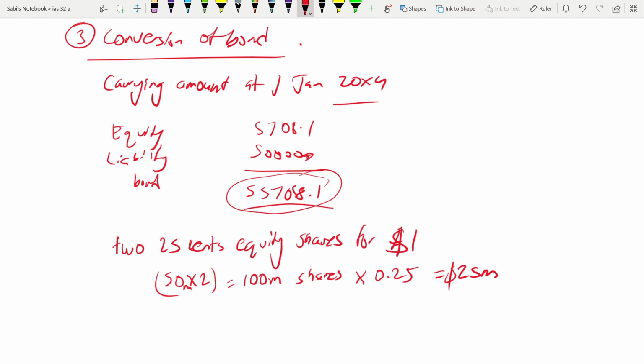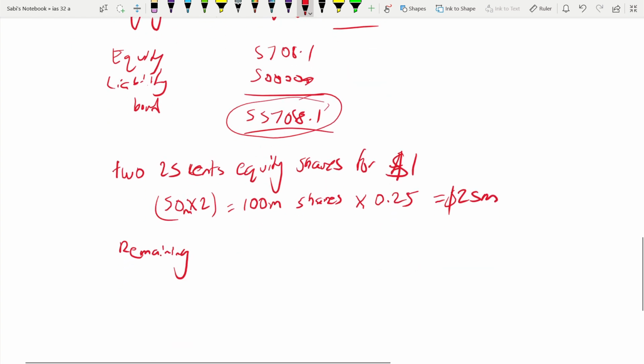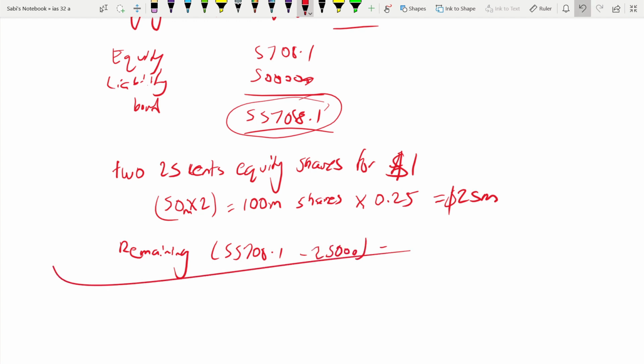So the remaining, I'll show you, 55,708.1 minus 25,000 will be how much? It will be 30,708.1. So the remaining, this will be classified as what? Share premium.